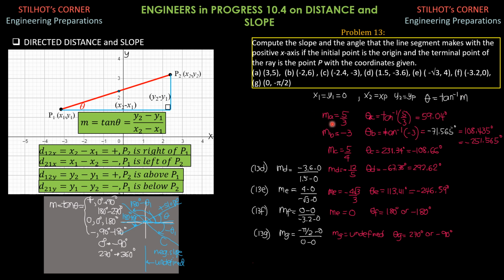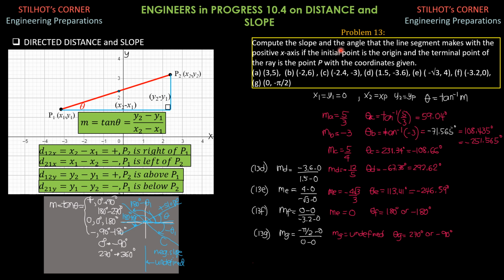So that's why the slope of line A is 5 over 3, and theta is inverse tangent of 5 over 3, so it is 59.04 degrees counterclockwise from the positive x-axis.